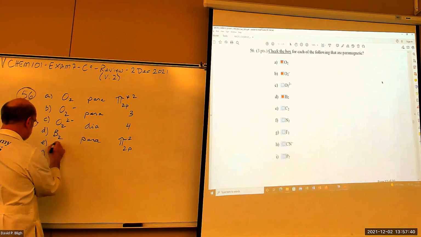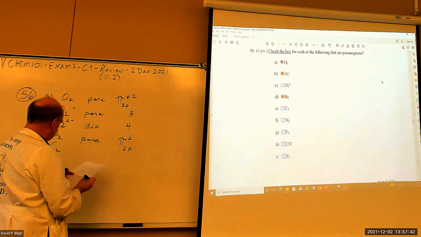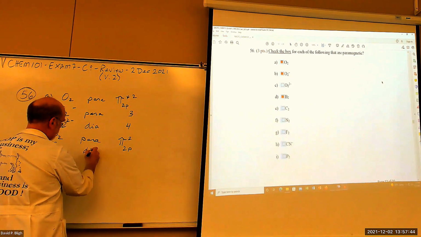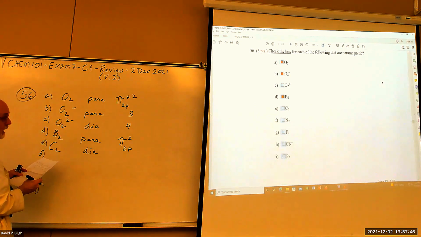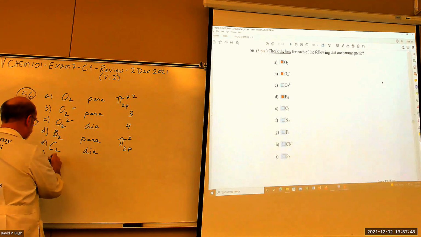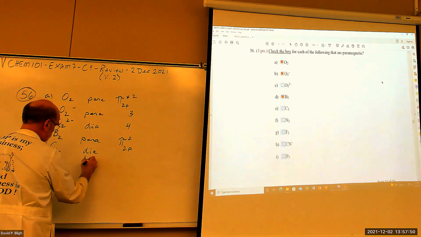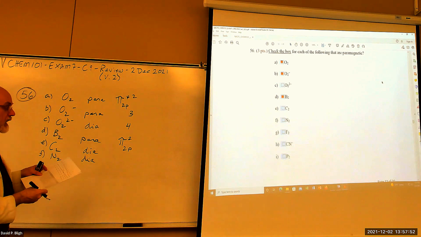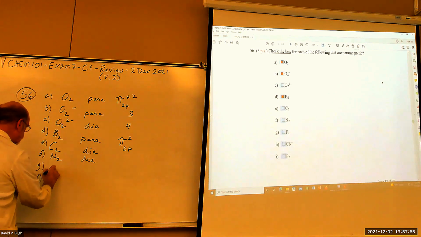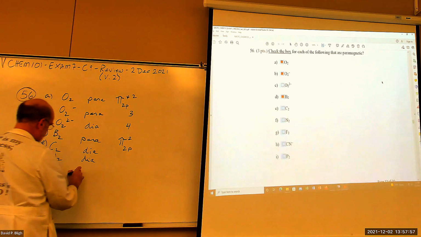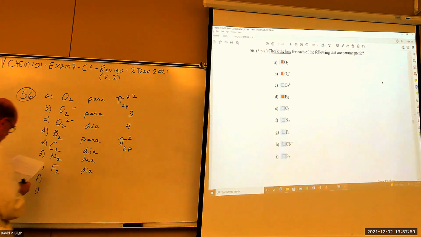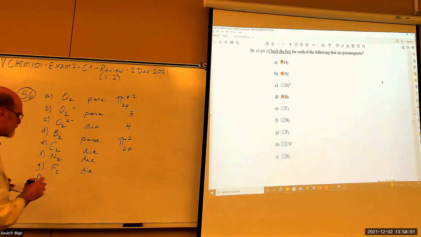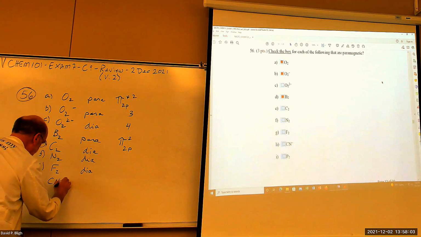Boron, carbon, dicarbon, they're all paired, so they're diamagnetic. Dinitrogen, we know that one's all paired. Done that one ad nauseam. F2, those are all paired also, diamagnetic. And CN minus, that might give us some trouble.